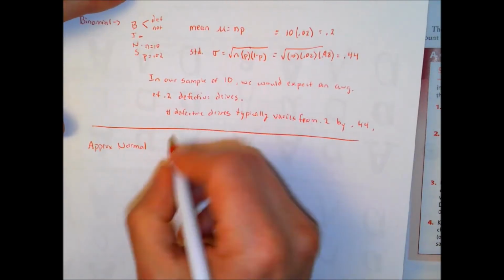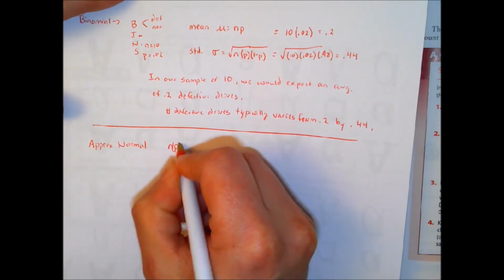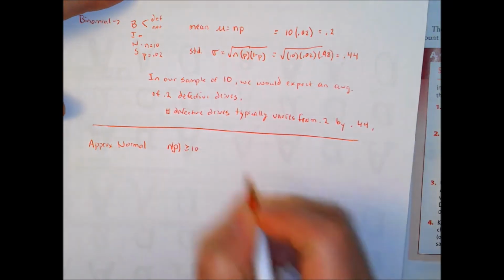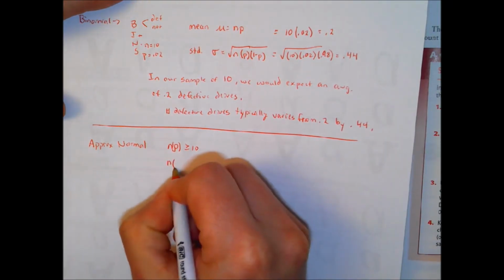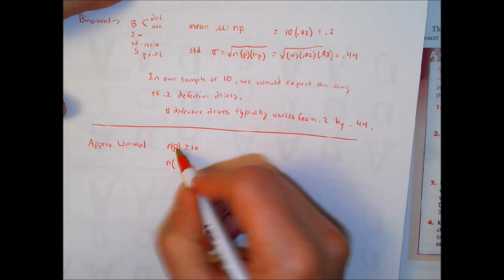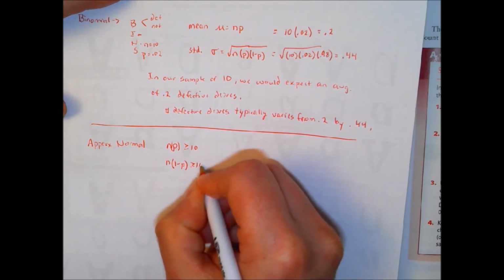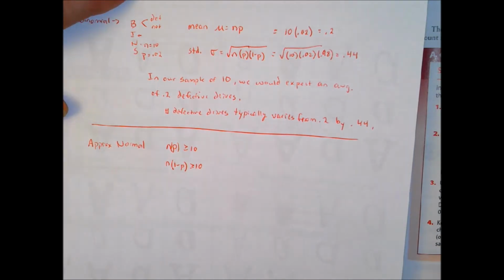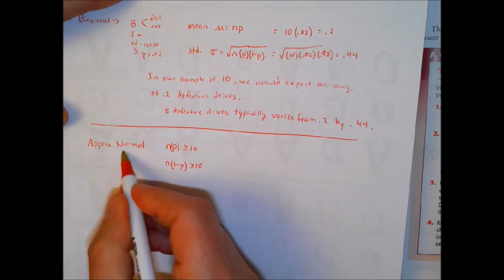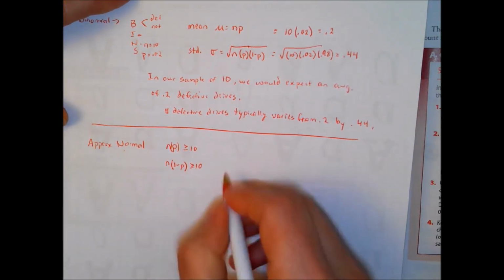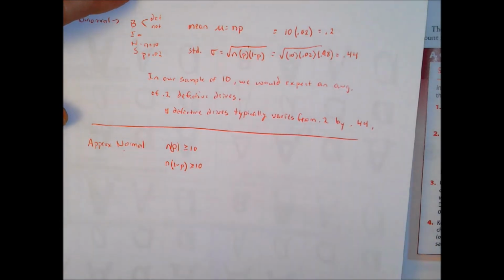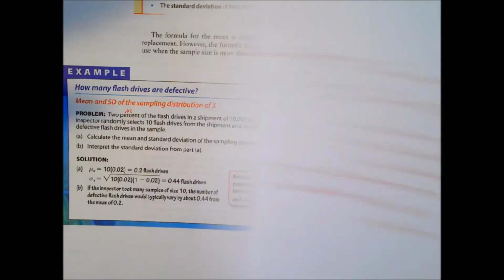So we need n times p to be at least 10. And the number of failures would be the opposite, 1 minus p. We need n times (1 minus p) to also be at least 10. If both of these things are true, then we can say the shape of the distribution is approximately normal. So let's look at an example.